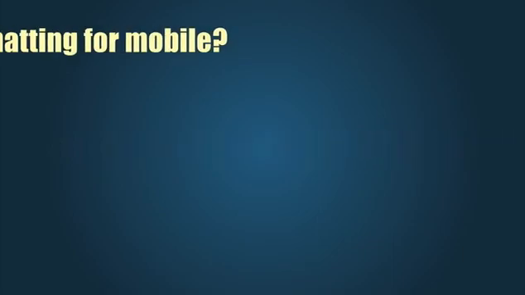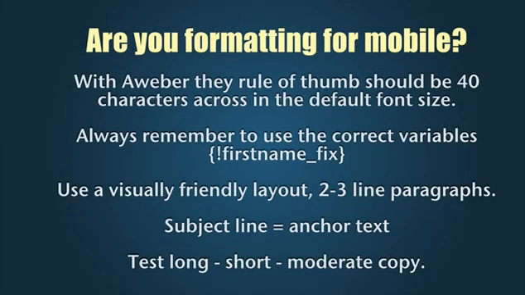How is your email looking on that mobile device? Is it properly formatted? Are you formatting for mobile? For example, when you type up the email, how many characters are you typing on one line? Are you typing all the way to the end of the page? Because remember, when people are looking at this on their phone, they're usually holding the phone straight up. It's not sideways, so it's not horizontal.